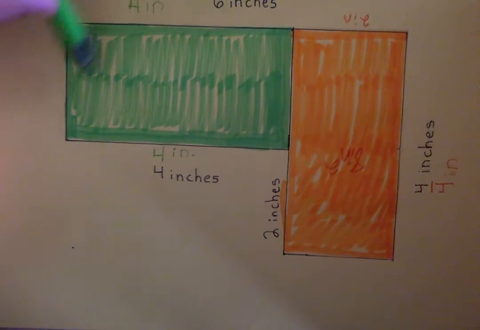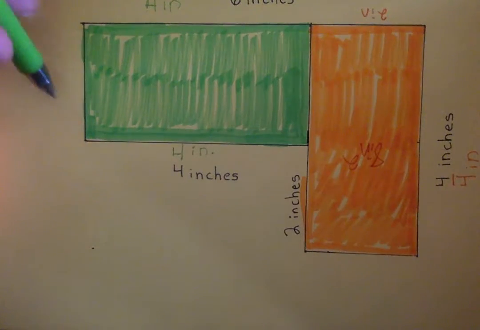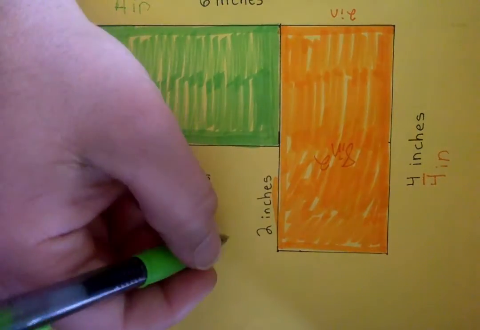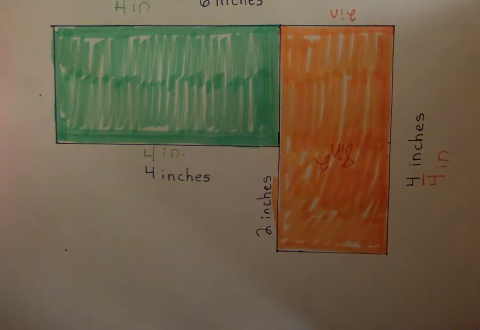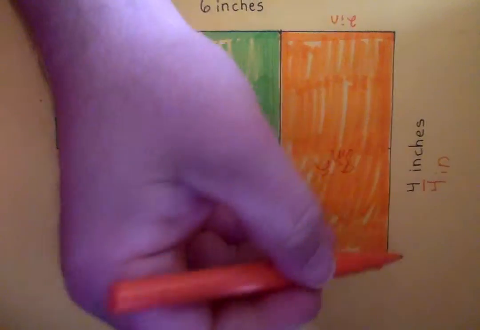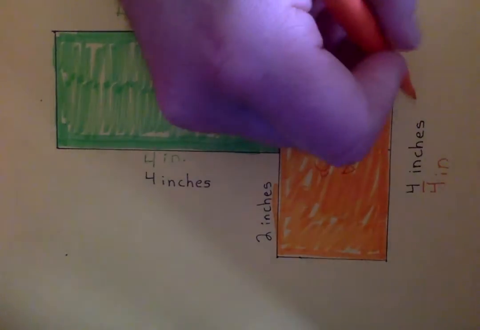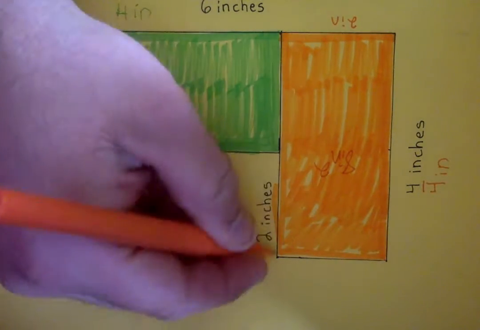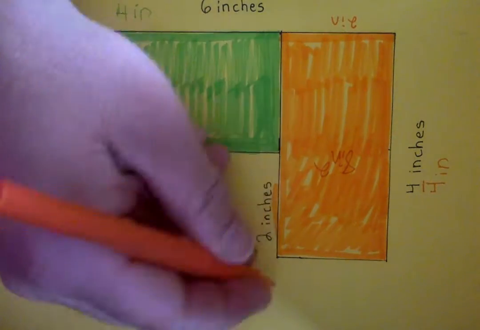What I need to know is what this end is. I know that this is 2 inches. I know that this is 4. These two parallel lines. I know that this section here is 2 inches.